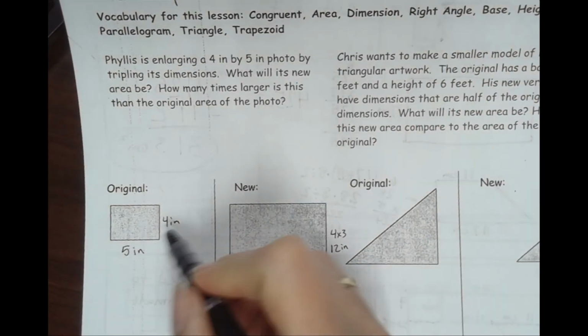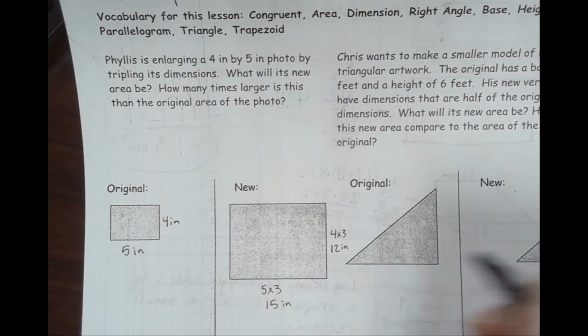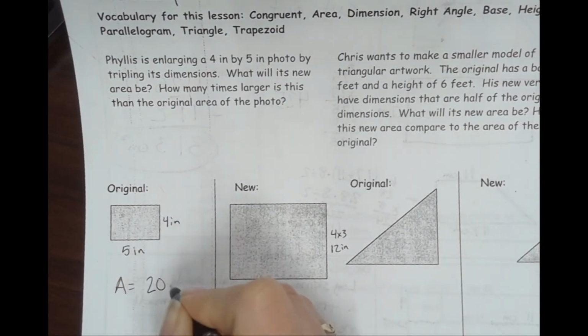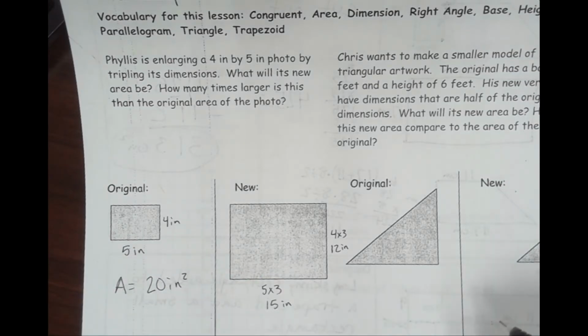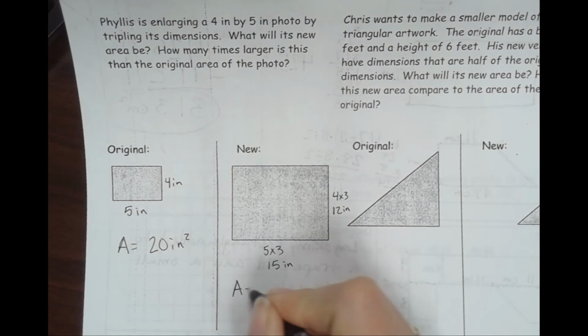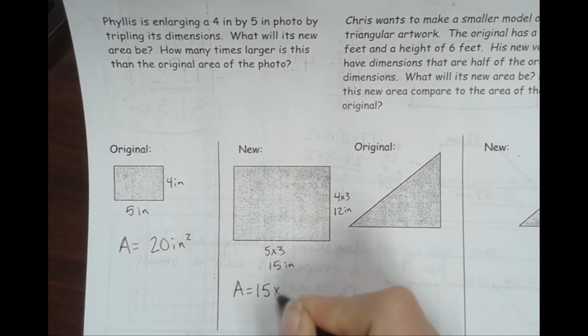So 4 times 5, the original area of this one would be 20 inches squared. So the area of this new one would be 15 times 12.